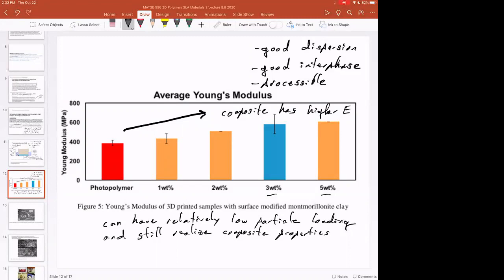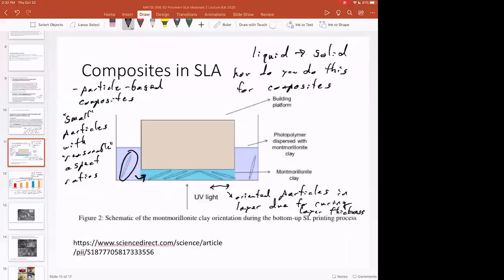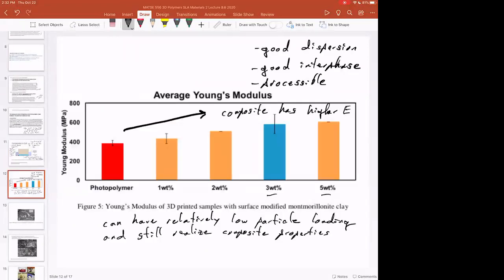So a lot of the SLA resins that are sold as durable or tough or high strength resins that are still plastic-like will be composites, and the inorganic filler is just there to improve the mechanical properties. So these are still, I think this is an acrylate or methacrylate right here.